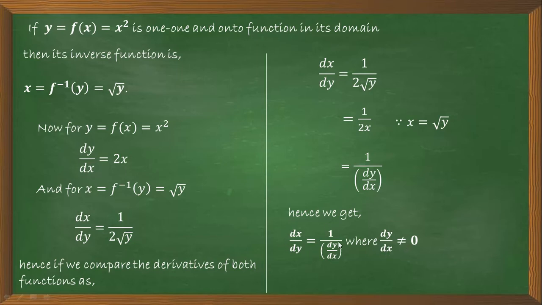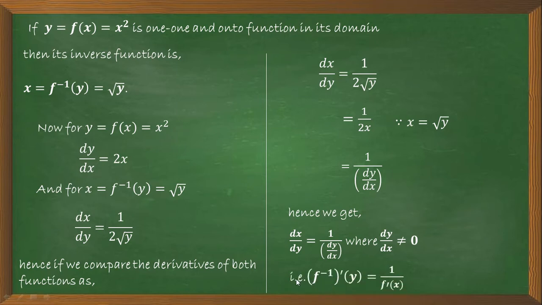So this is the relation between the derivative of the given function and the derivative of its inverse. Here, dx by dy is the derivative of the inverse function, and dy by dx is the derivative of the given function, y is equal to f of x. So dx by dy is equal to 1 upon dy by dx, where dy by dx is not equal to 0.